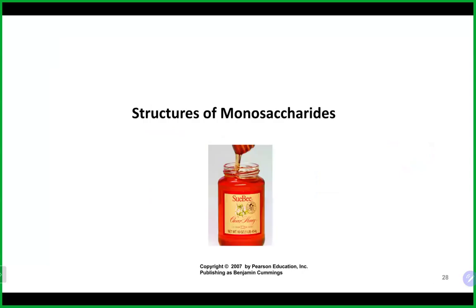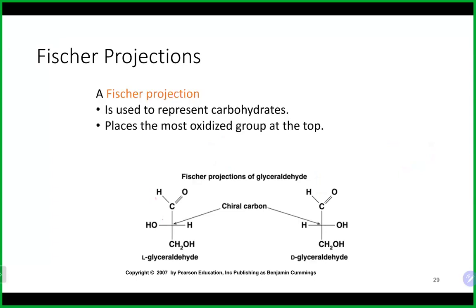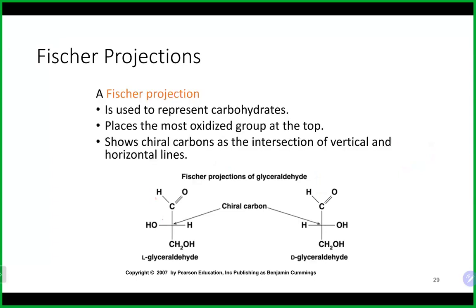All right, so let's take a look at the structures of our monosaccharides. As we just talked about, we place the most oxidized group towards the top, and that's going to be, in our case, either the aldehyde group, which goes up there on top, or our ketone group, which will have 3 carbons on the top, with the second carbon having the oxygen double bond.